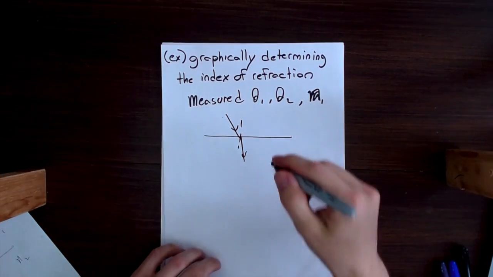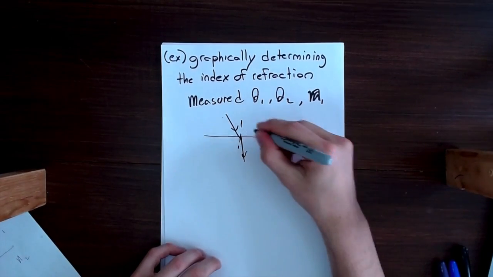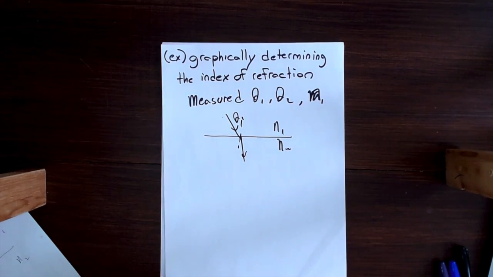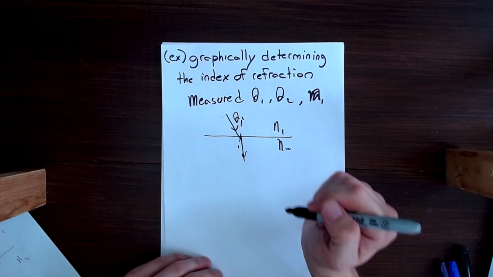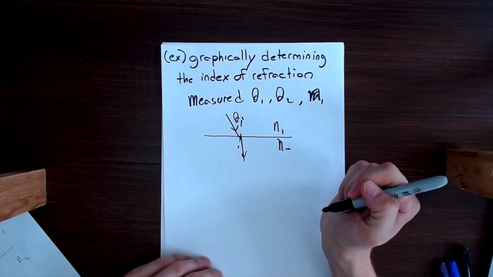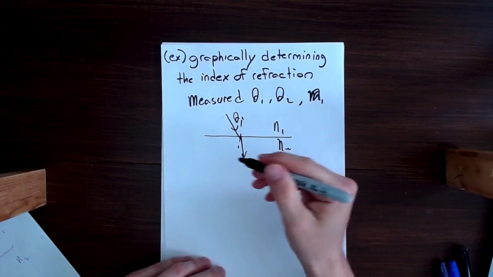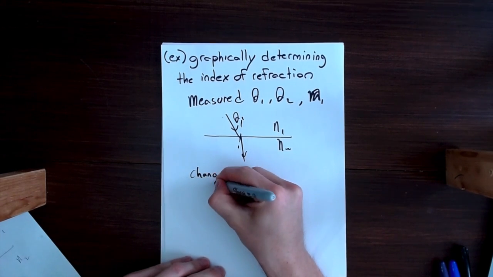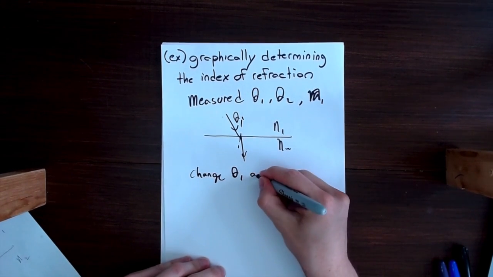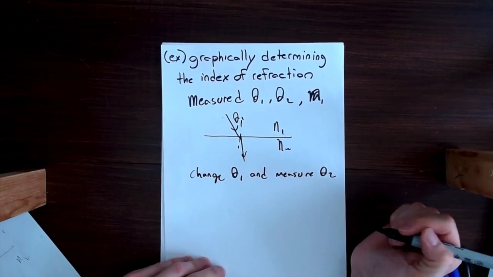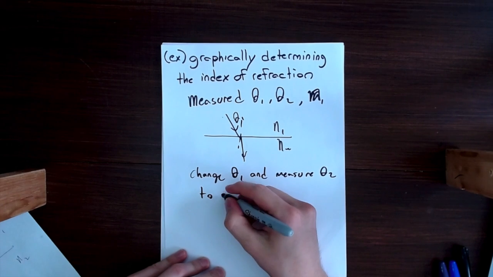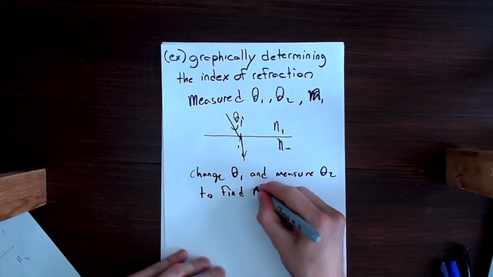Again, we know that, and we know that. Well, if we're doing an experiment, what we're going to do is change theta 1 and measure theta 2, and we're going to do that to find n2.